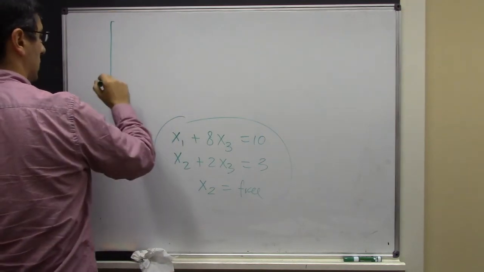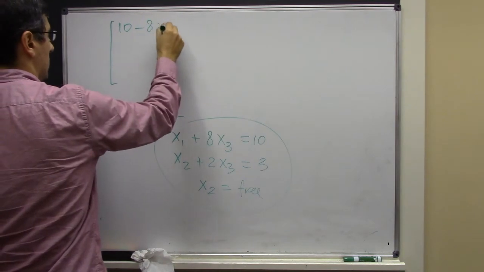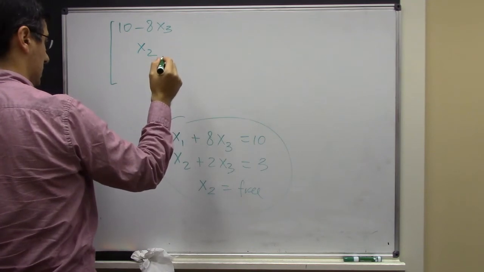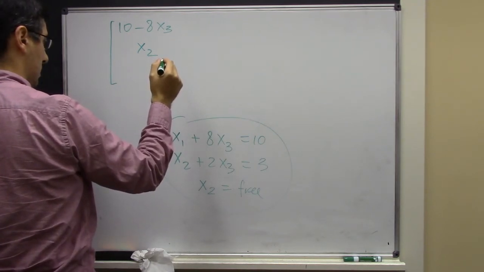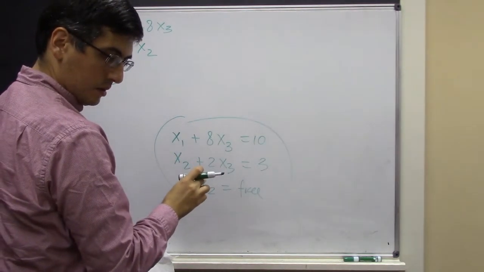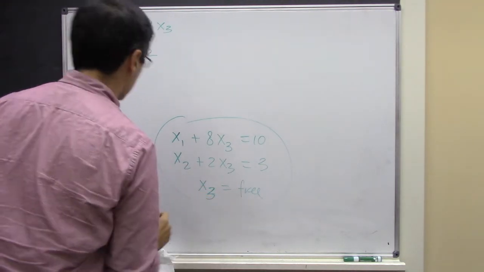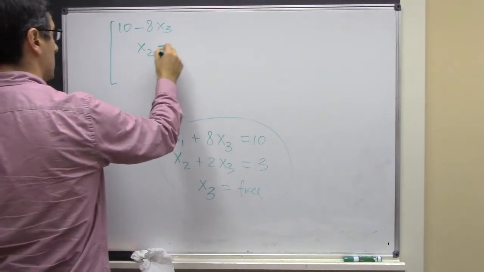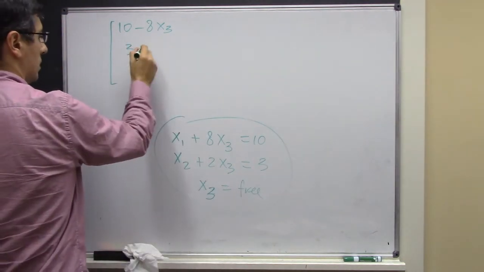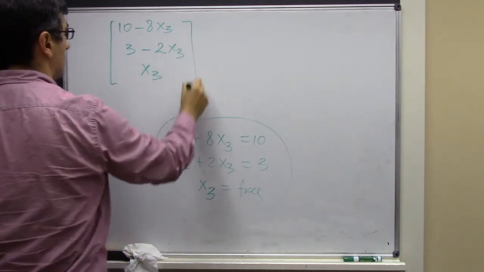So x1 is 10 minus 8 x3, x2 is 3 minus 2 x3, and x3 is x3.